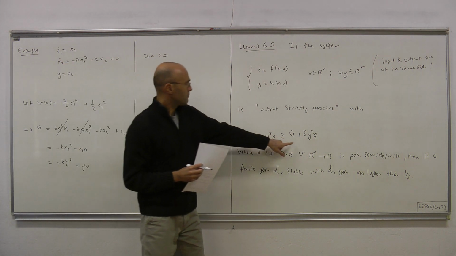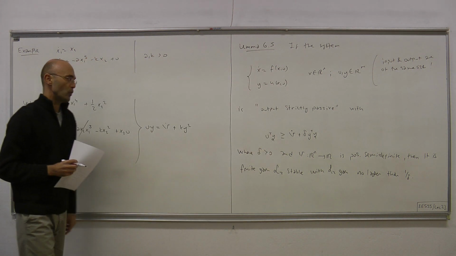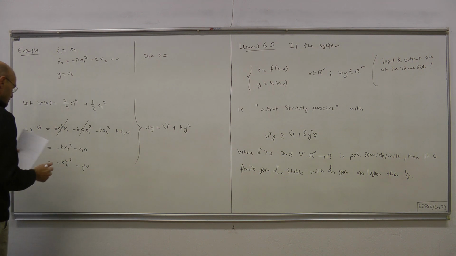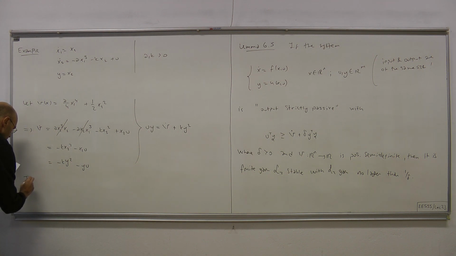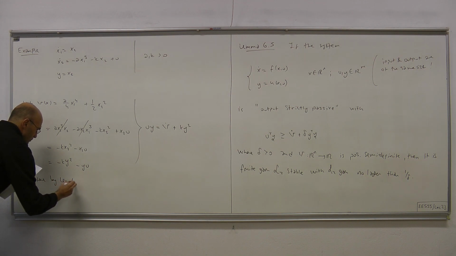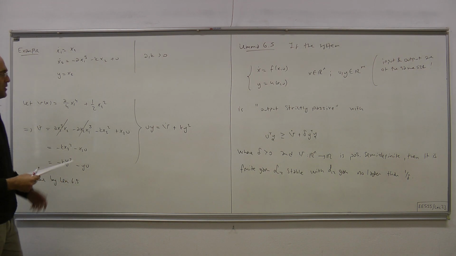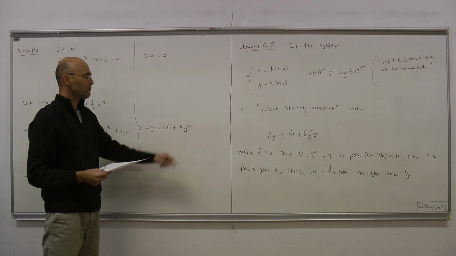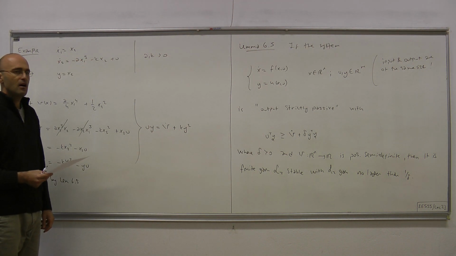Then using lemma 6.5 we have the system is L2 stable with gain no larger than 1 over k.